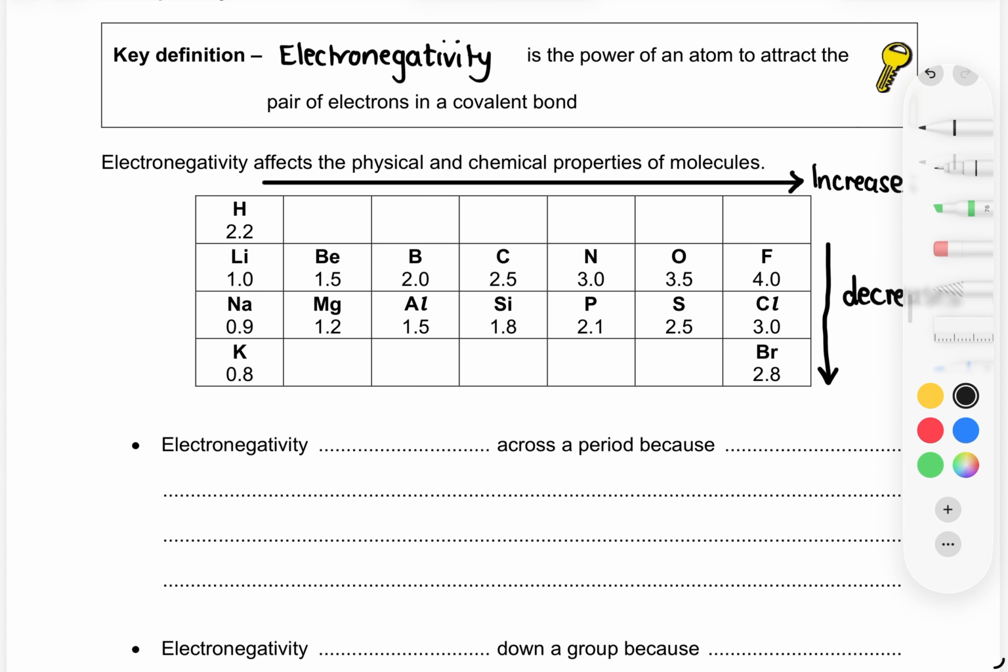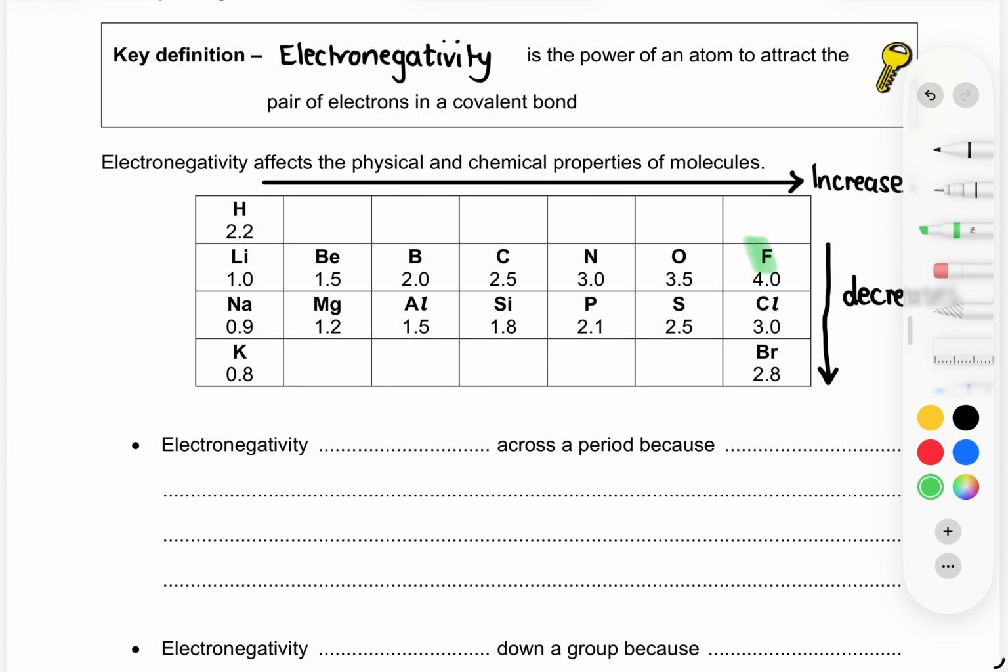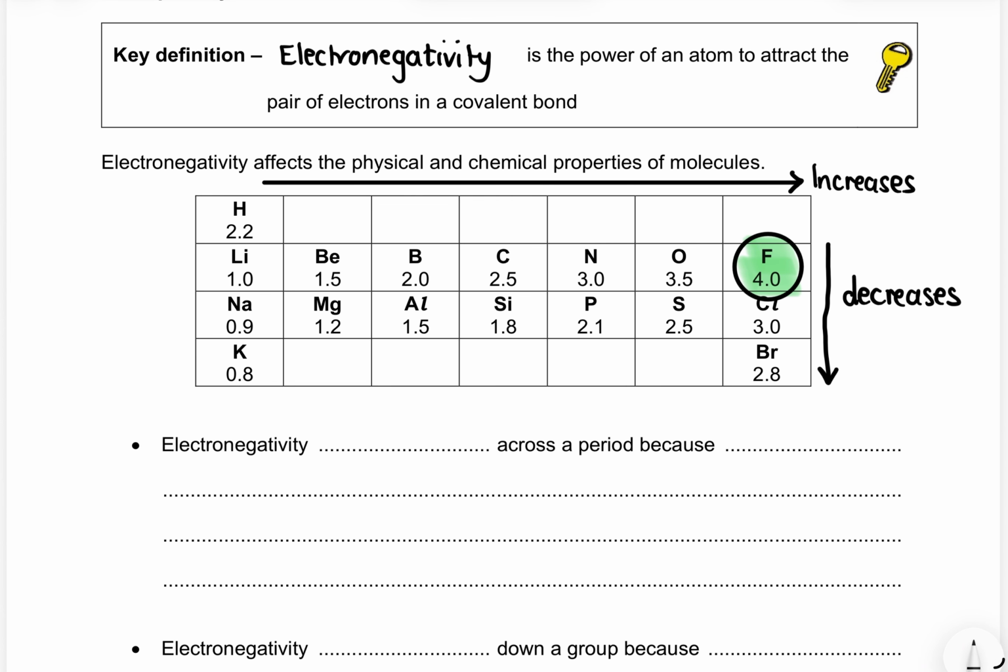The most electronegative element in the periodic table is fluorine. All eyes are on fluorine. Fluorine has the greatest power to pull electrons towards itself. This is to do with the number of shells, the amount of shielding, and the number of protons in the nucleus. You'll notice that the noble gases are missing from this section of the periodic table, and that's because generally the noble gases don't form covalent bonds.